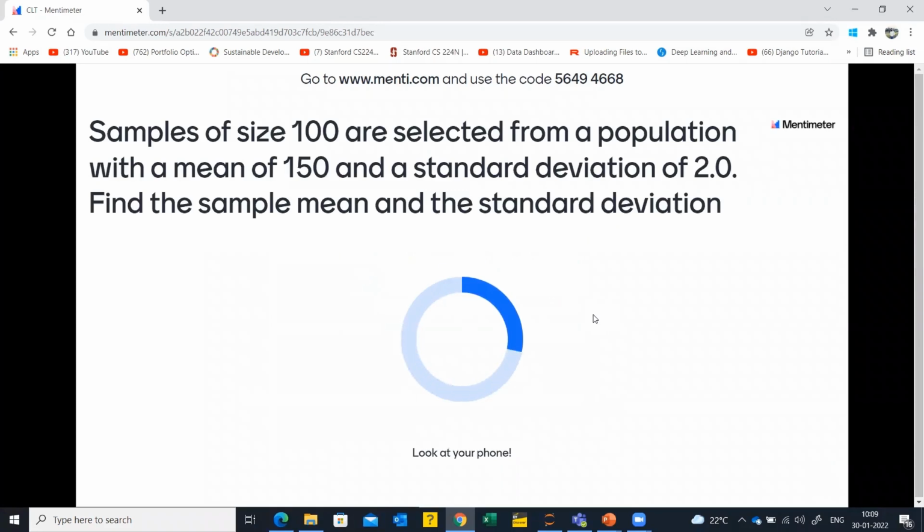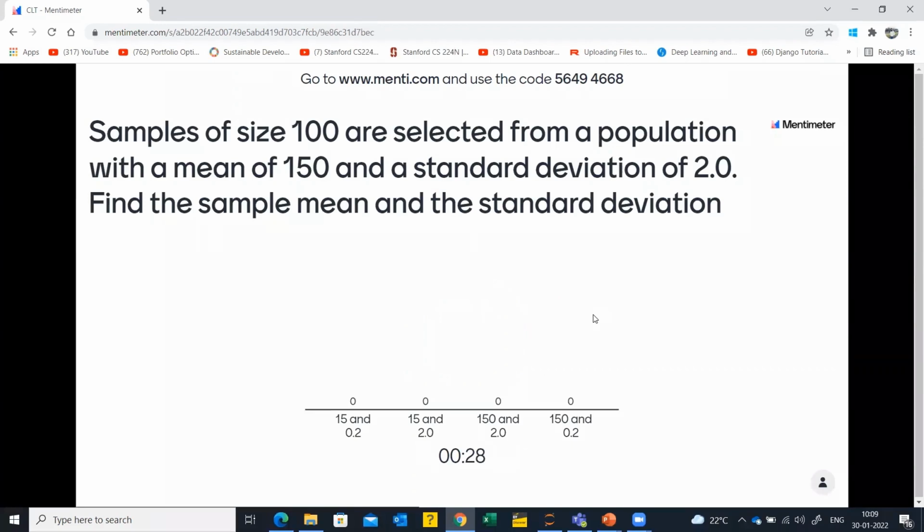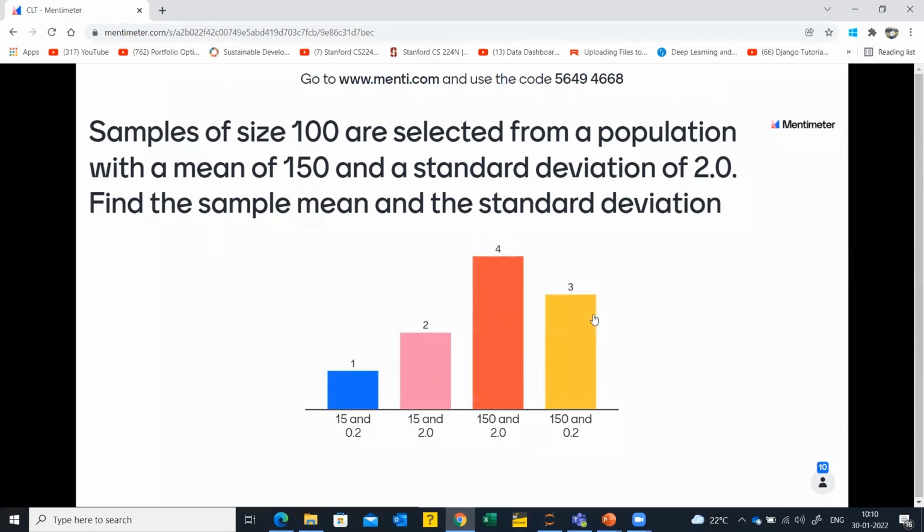Samples of size 100 are selected from a population with a mean of 150 and a standard deviation of 2.0. Find the mean and the standard deviation. We all know the mean of a sampling distribution when we know the population mean, and the standard deviation formula we just saw in the previous question. We need to just calculate it. Okay, only 3 people got the right answer.